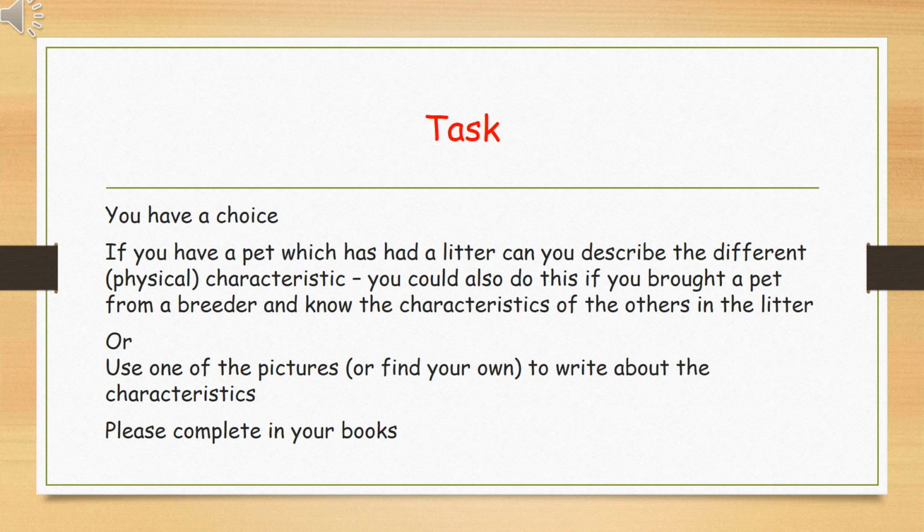Or if you don't have a pet, use one of the pictures, either on the next slide or the slide before, and write about the characteristics. Please complete these into your books. The success criteria is on the next slide.